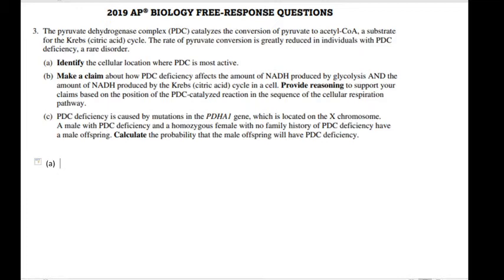This goes back to dealing with glycolysis and the Krebs cycle. So all of this would happen in the mitochondria, or the matrix of the mitochondria.